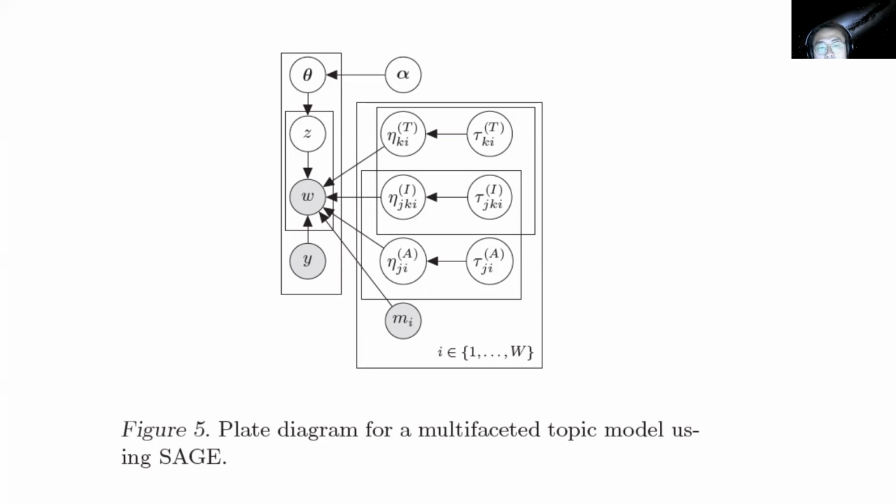And in between is the interaction. So based on all this information, we are going to get W, which is the word, okay?